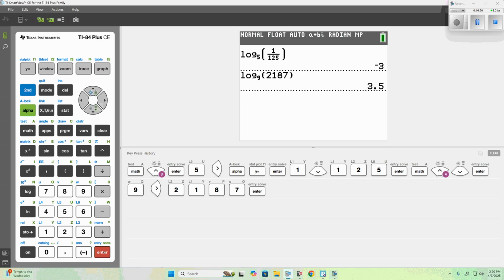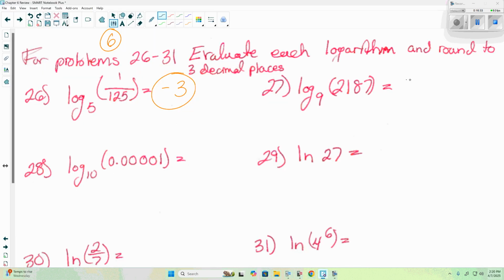Alpha, y equals, enter. Yeah, we can just type it in. Yep. Questions on 26 or 27? We ready for 28?